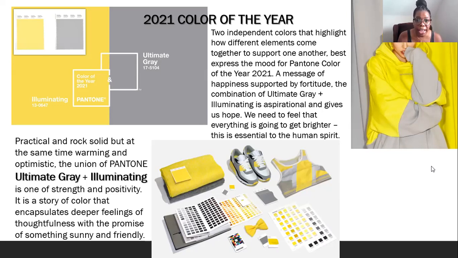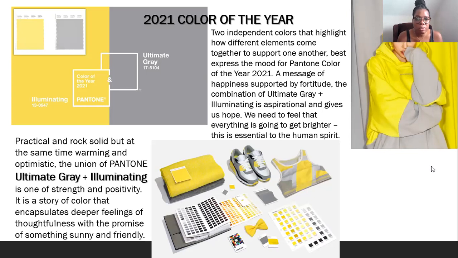So the gray, ultimate gray, is associated with really what we saw, what we felt, which was not very good, right? We experienced a lot of heaviness, a lot of death, and just unknown.